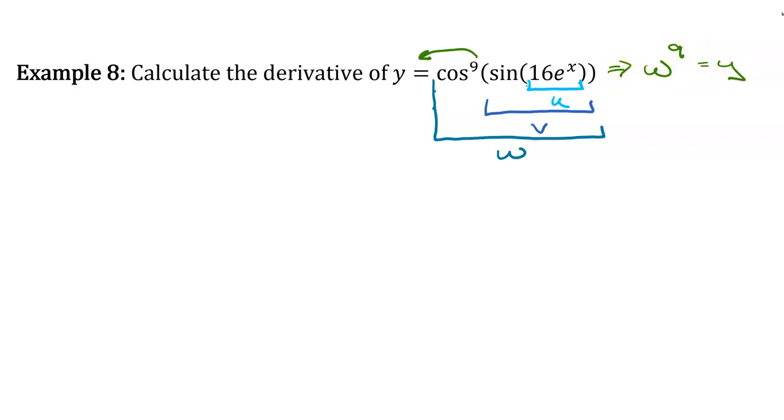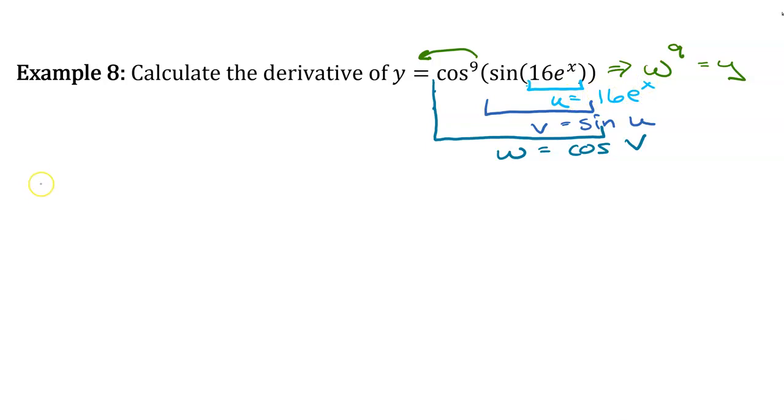Okay, so then w would be the cosine of v, yep, and then v would be the sine of u, and u would be the 16e to the x.